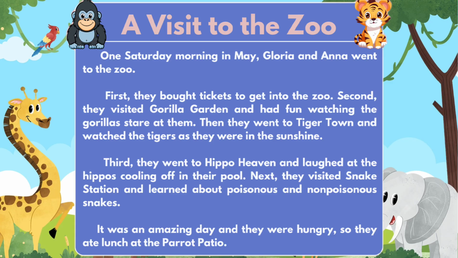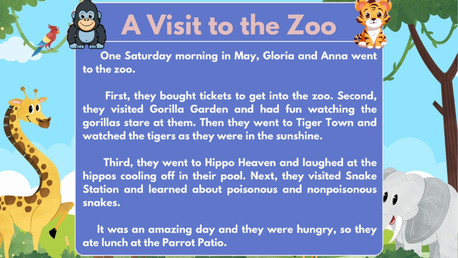A visit to the zoo. One Saturday morning in May, Gloria and Anna went to the zoo. First, they bought tickets to get into the zoo. Second, they visited Gorilla Garden and had fun watching the gorillas stare at them. Then, they went to Tiger Town and watched the tigers in the sunshine.